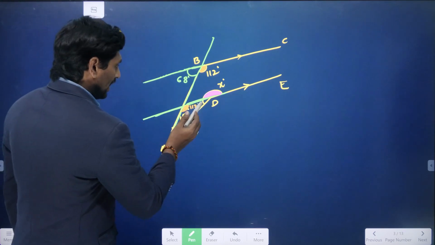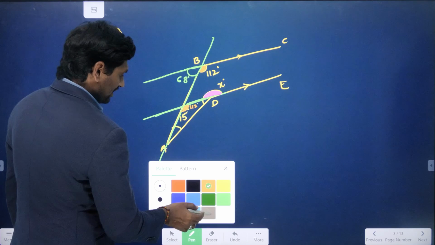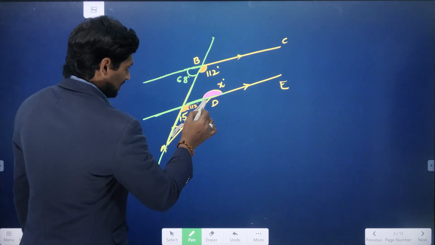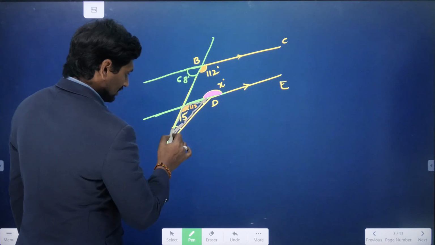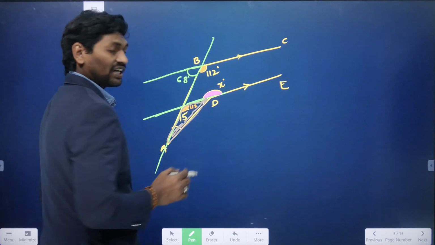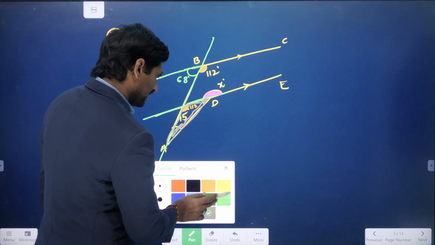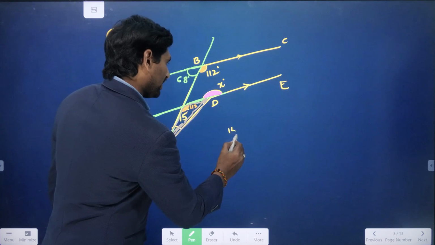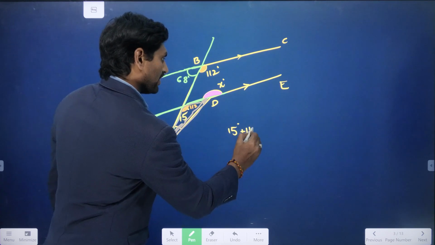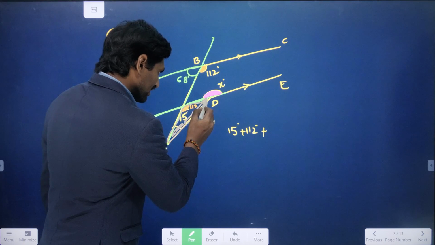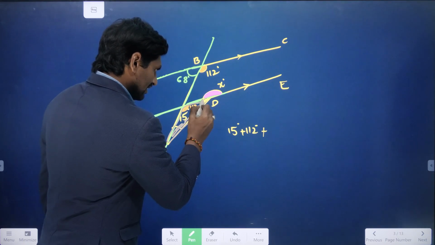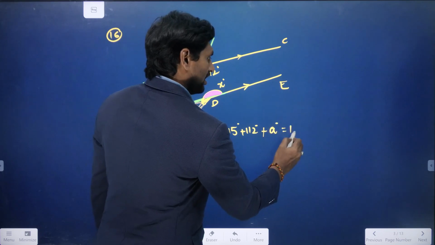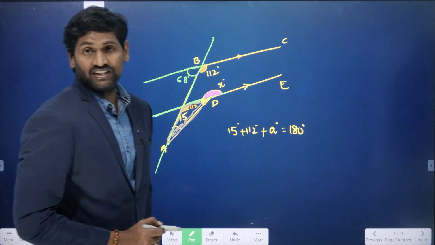Okay. Now I am identifying this triangle. This is a small triangle. And we know that in a triangle the sum of all angles is 180 degrees. That means this 15 degrees plus 112 plus the remaining angle, let us consider it A, equals 180 degrees.